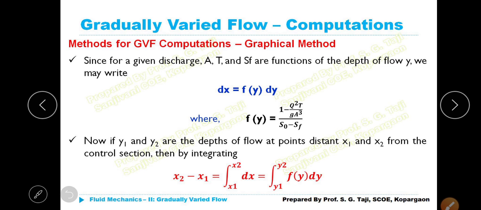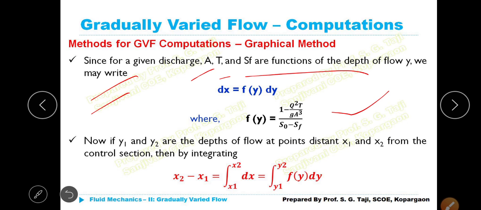Since for a given discharge, A, T and SF are functions of the depth of flow y, we may write dx is equal to f of y into dy, where f of y is equal to (1 minus Q square T divided by g A cube) whole upon (S0 minus SF).